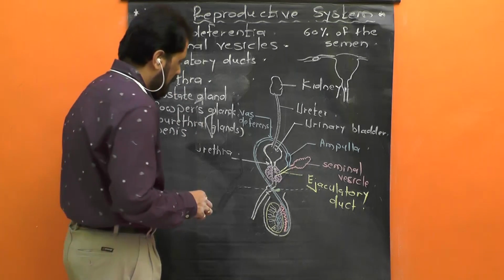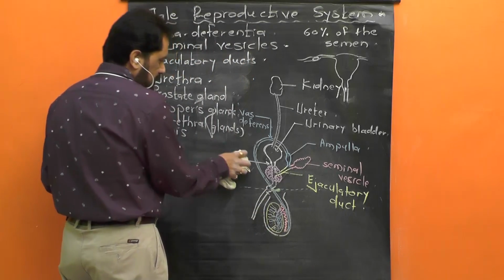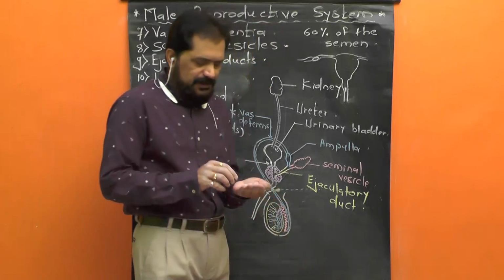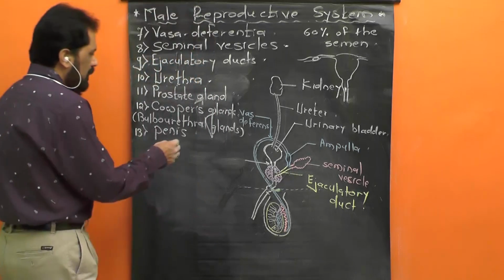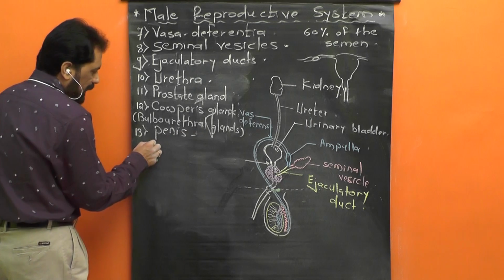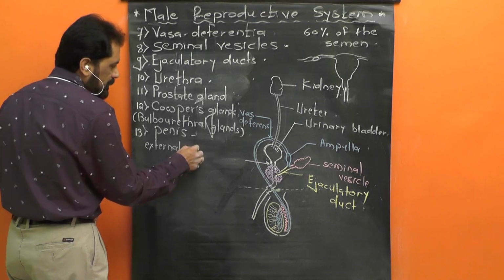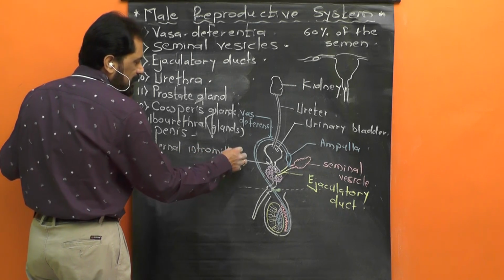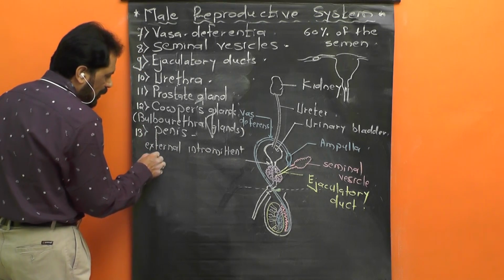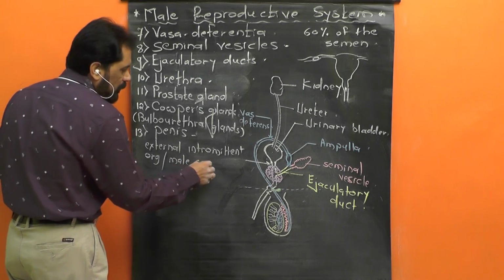All of you know that the penis is the male copulatory organ, or it is called the external intromittent organ.